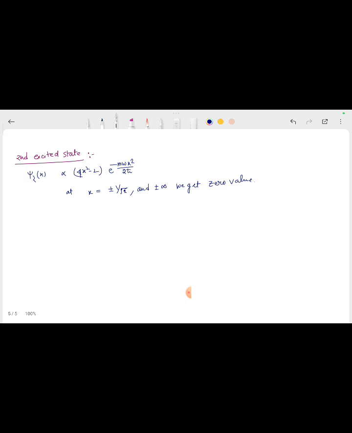Already you know how to calculate the zeros: just put psi 2(x) equals 0 and find out x.